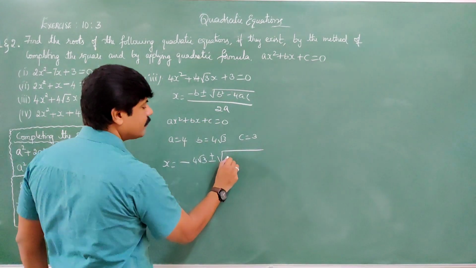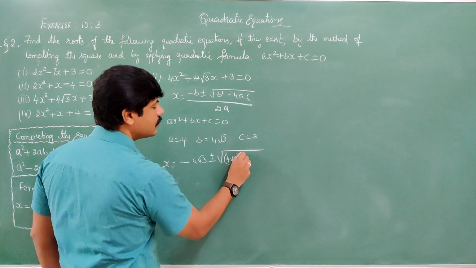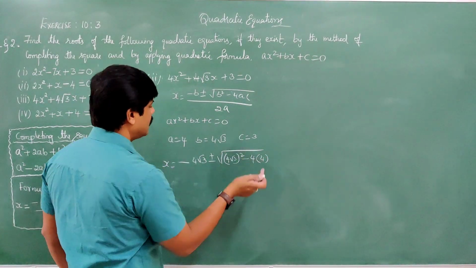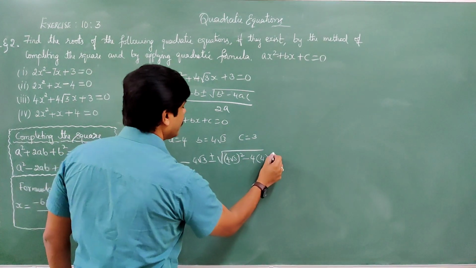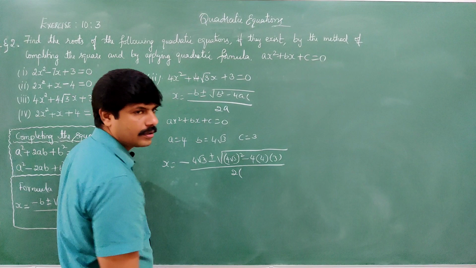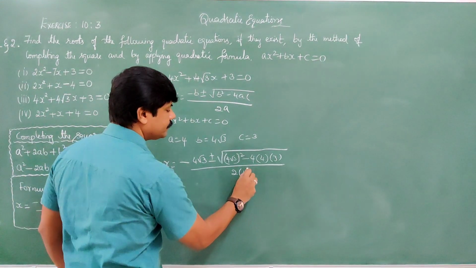b square is 4 root 3 whole square, minus 4 times a, which is 4, and c, which is 3, whole divided by 2 into a, which is 4.